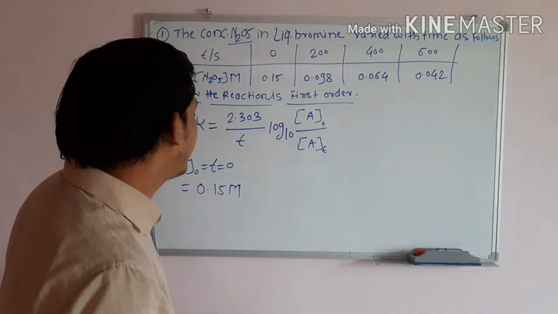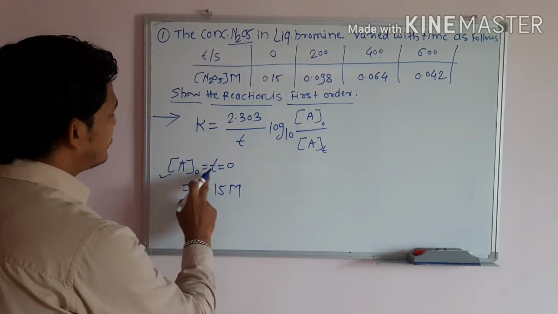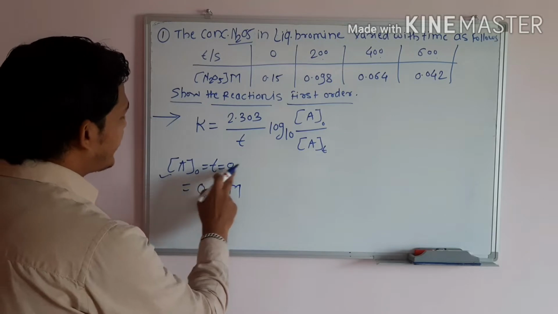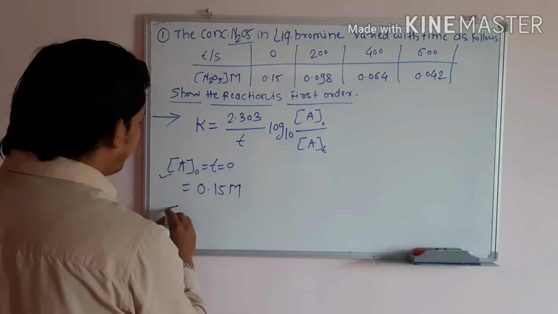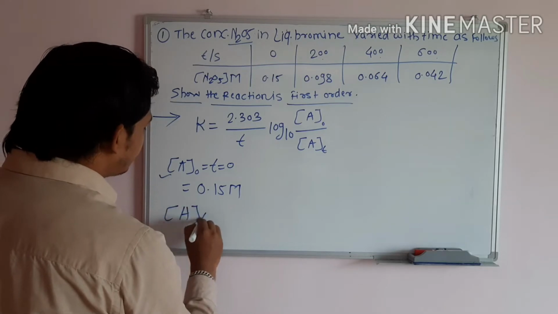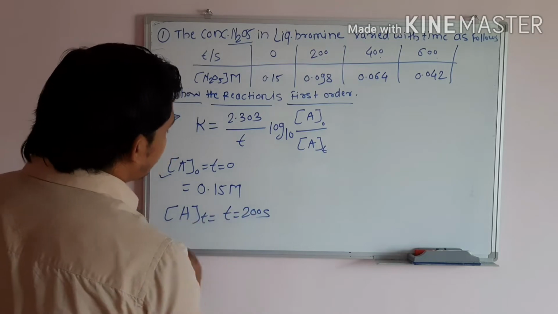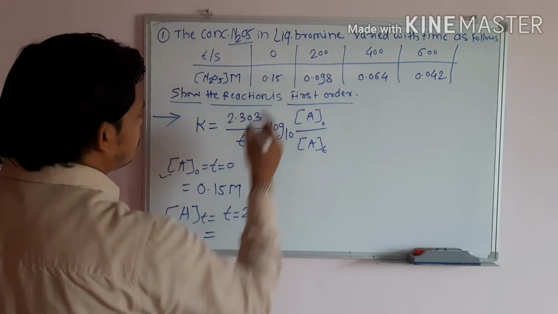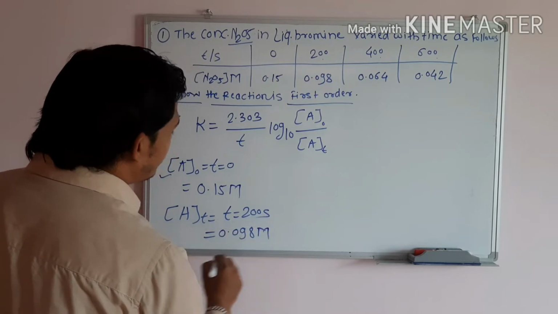Now let us find that. In the first case, initial concentration A0 at time 0 is 0.15 molar, and AT, the final concentration at time 200 second, is 0.098 molar.